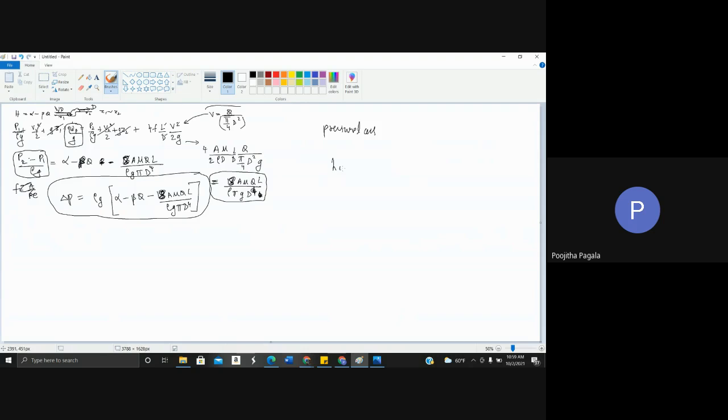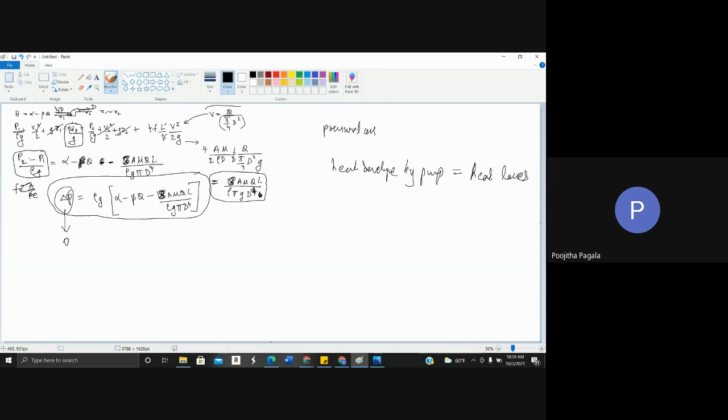So the head developed by the pump should be equal to the head losses, which means delta P is going to be 0. That is, you're not generating any extra pressure. You're only generating sufficient pressure to overcome these friction losses.